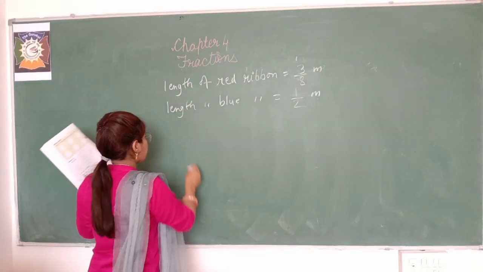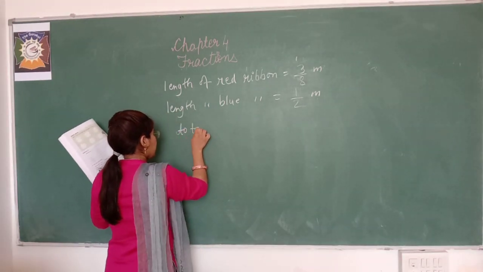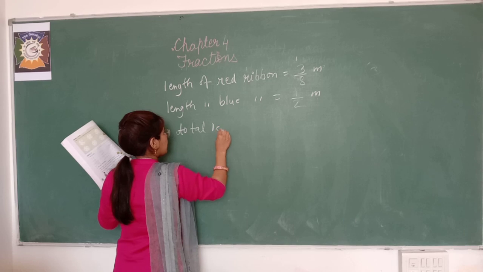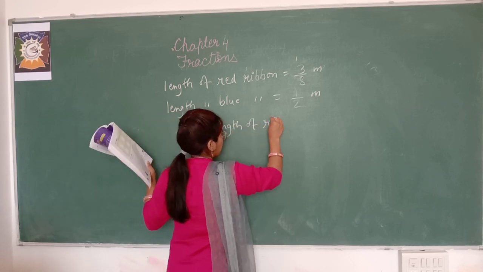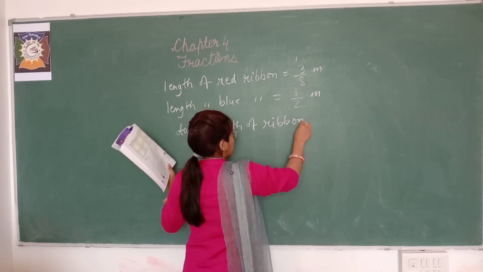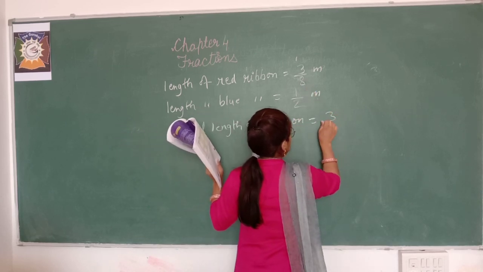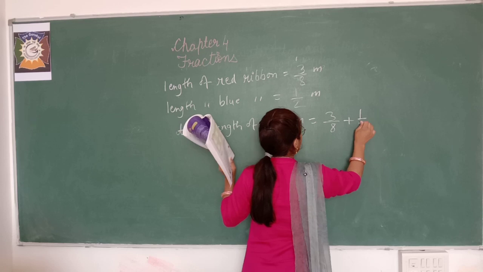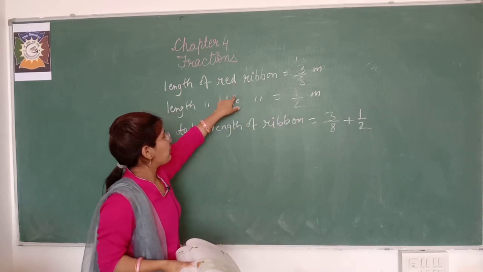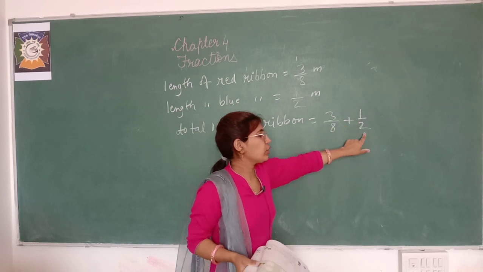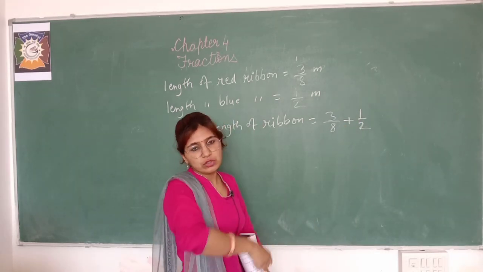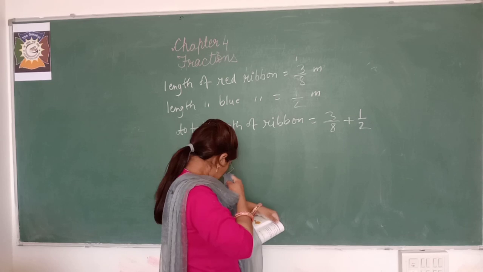Total length of ribbon is equal to 3/8 plus 1/2, that is the length of the red ribbon plus the length of the blue ribbon, that is the total length of the ribbon bought by Amina.